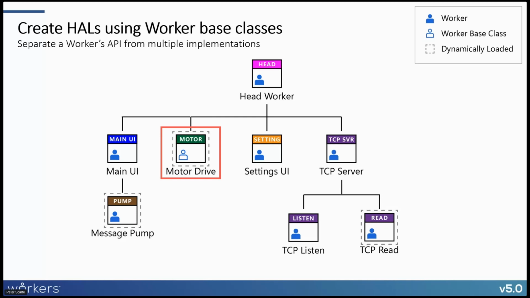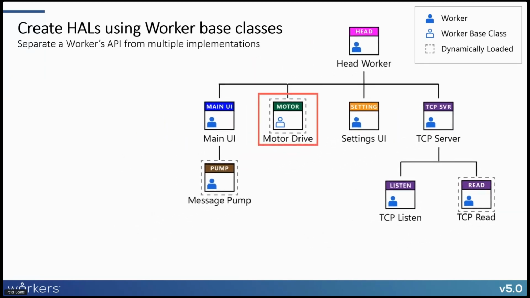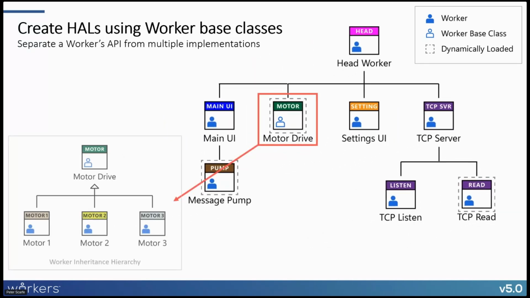But a worker base class is not a worker, so we need to have one or more workers that inherit from the motor drive base class that can be dynamically loaded in its place at runtime. So for our example, we have 3 workers called motor 1, motor 2, and motor 3 that inherit from the motor drive base class.